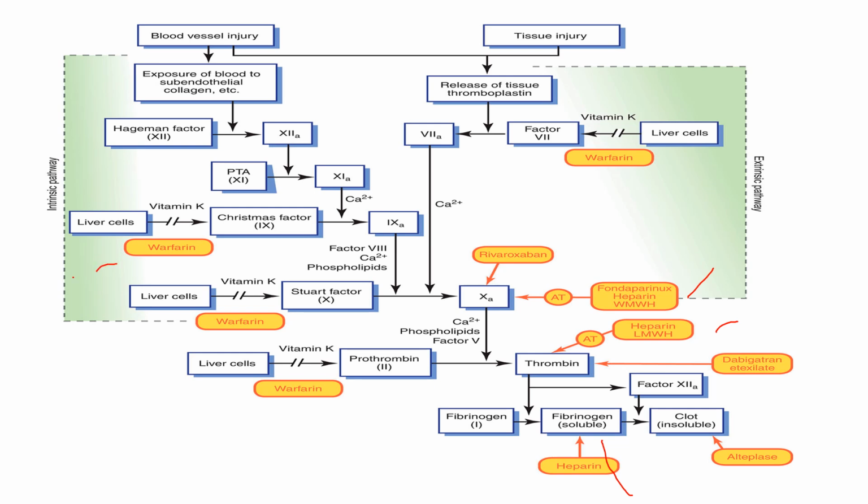Then we talked about Xarelto with factor Xa and Pradaxa here. Then at the end we were talking about those clot busters, antiplatelet right here. So take a look at this diagram, and then hopefully this will provide you a very good summary of different drugs that we discussed today.